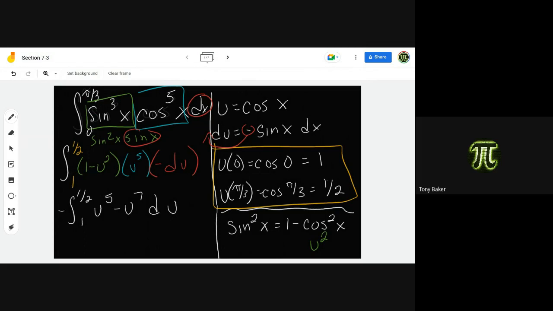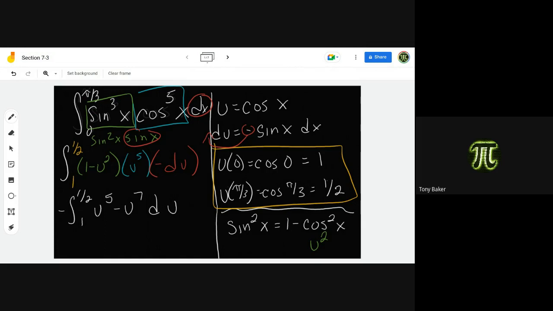Unlike any other definite integral you've seen. Yeah. Normally, the numbers are kind of in order, right? It's 0 to 1, 1 to 5, but this is 1 to 1/2. So those numbers are backwards.